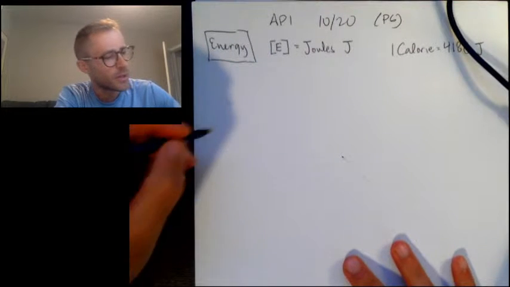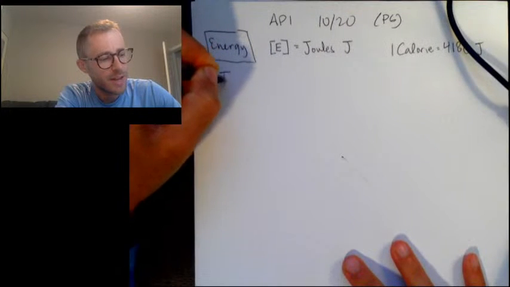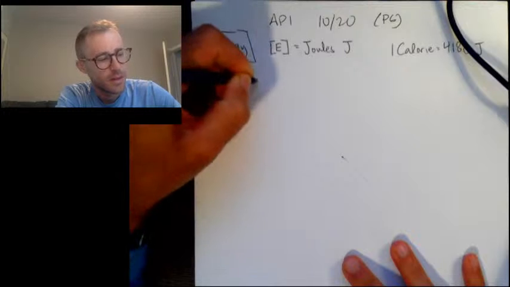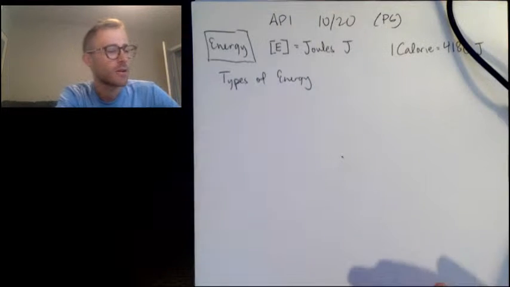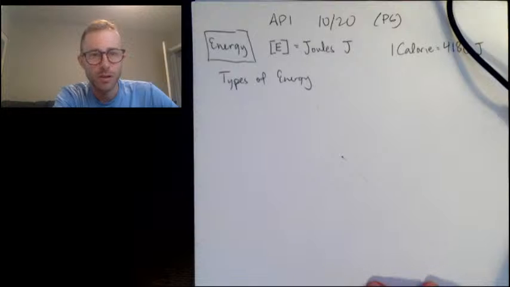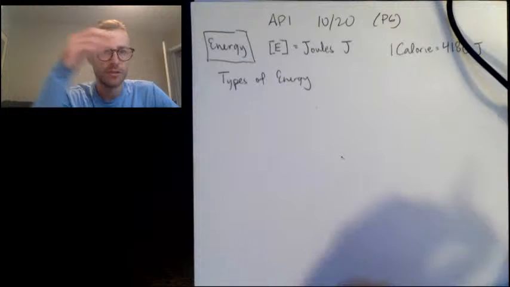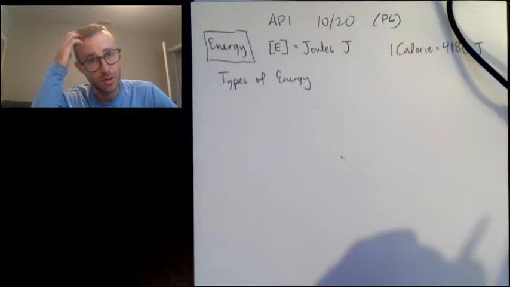So what we're going to do, there's a number of different types of energy. Okay. And we're going to talk about three different types of energy today, and then in the next lesson we'll talk about some other types of energy.